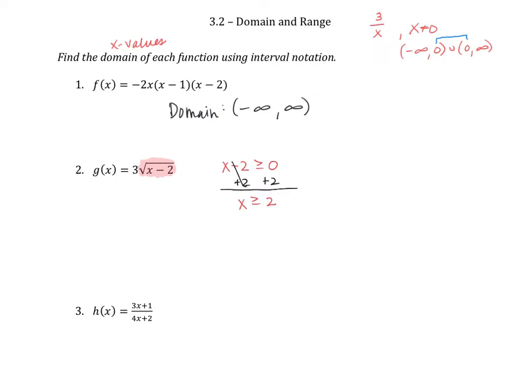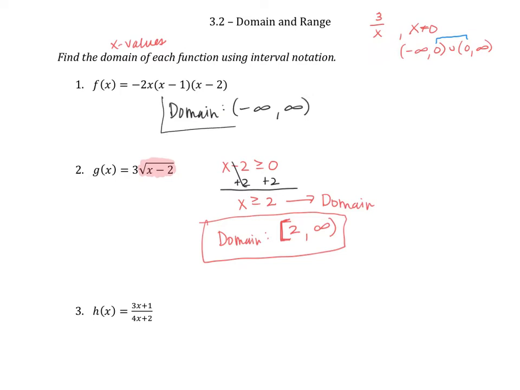That is our domain. Now we just need to write it in interval notation. If it's greater than or equal to 2, that means it starts at 2 and includes 2, so we use the square bracket, and then it goes to infinity. That would be our domain using interval notation. Notice I didn't care about the 3 on the outside. I'm just worried about the restriction.